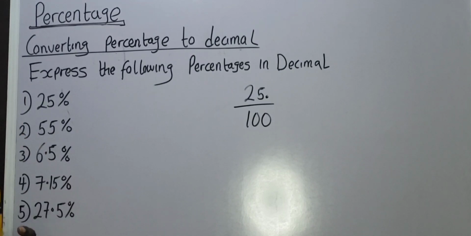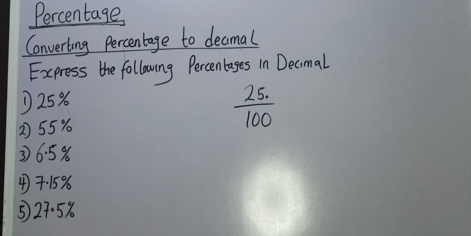In the previous example, where we expressed a decimal number in percentage, we moved the decimal point 2 steps towards the right.